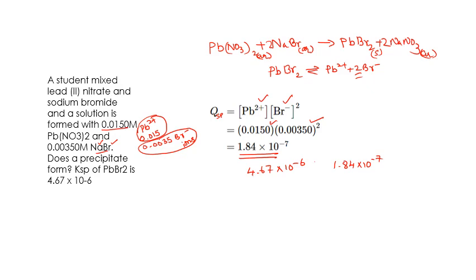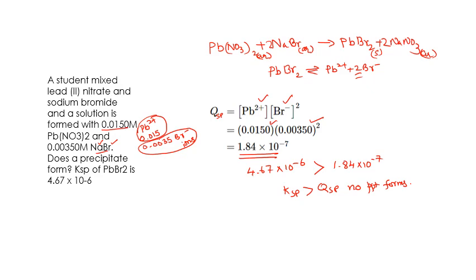So that means Ksp is bigger than Qsp. So if Ksp is greater than Qsp, no precipitate forms. All right, that's how we are going to figure it out.